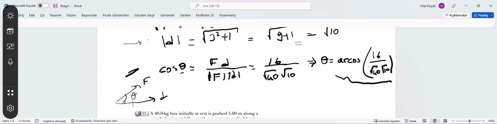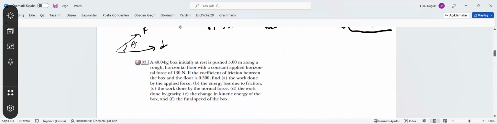Okay, come to the other question. Okay, there is a 40 kilogram box. Please, I want to read it.